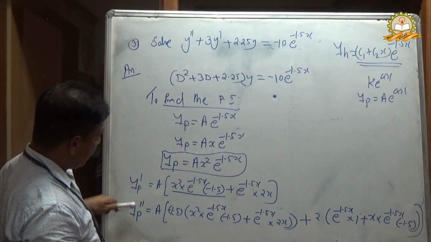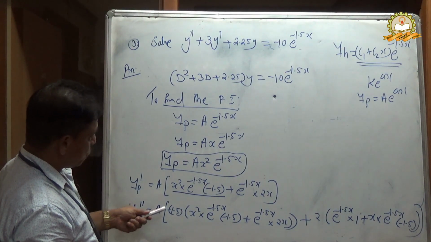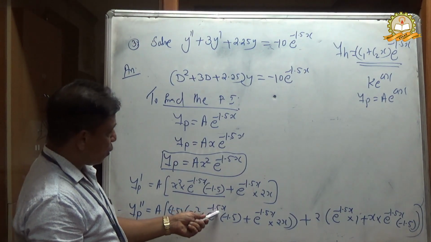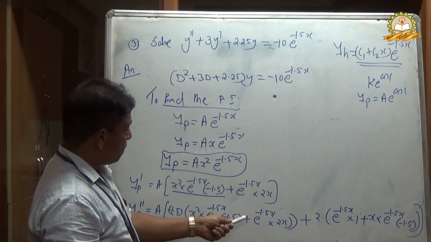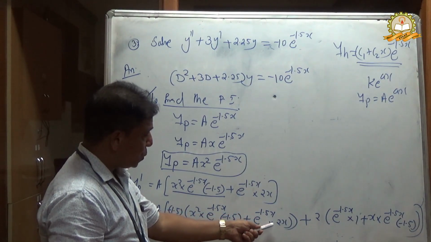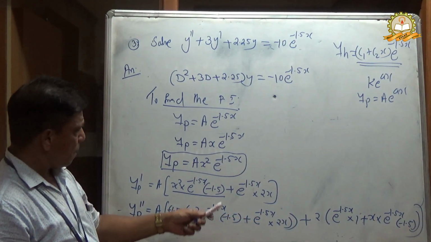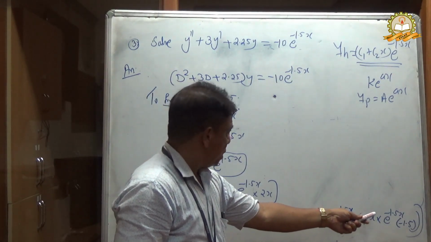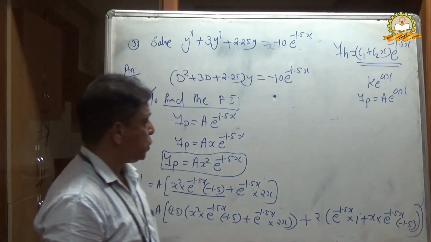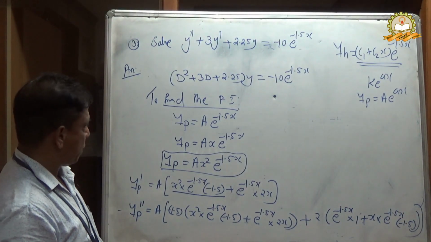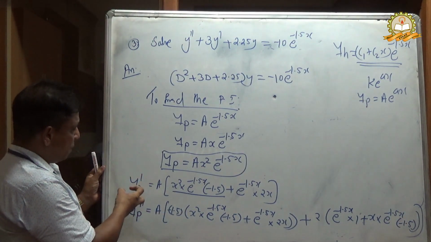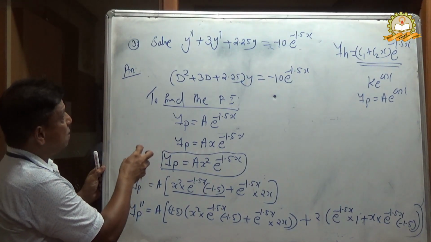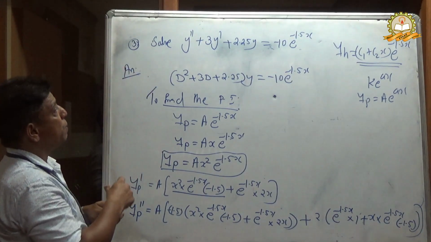The second derivative, yp double dash, is a into minus 1.5 into x square into e raised to minus 1.5x into minus 1.5 plus e raised to minus 1.5x into 2x plus 2 into e raised to minus 1.5x into 1 plus x into e raised to minus 1.5x into minus 1.5. Therefore, we get yp double dash, yp dash and yp. These three terms will be substituted in the given problem.